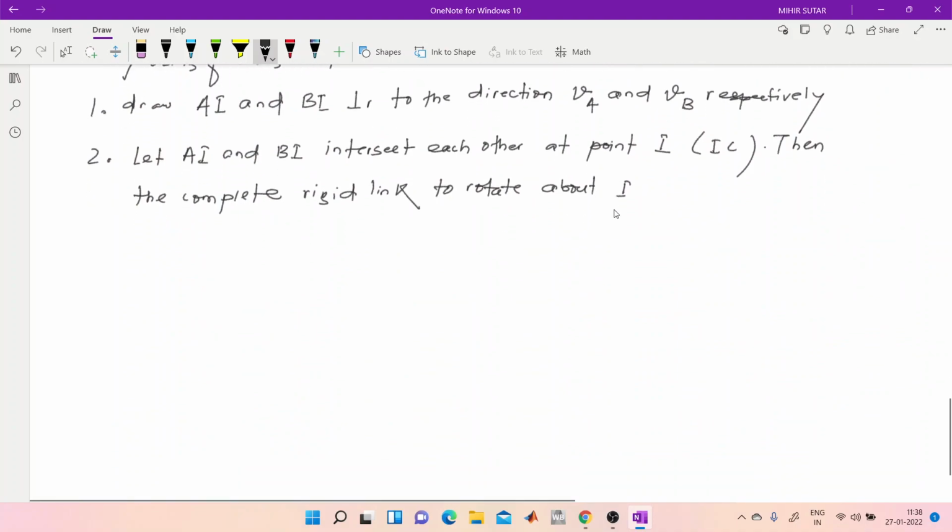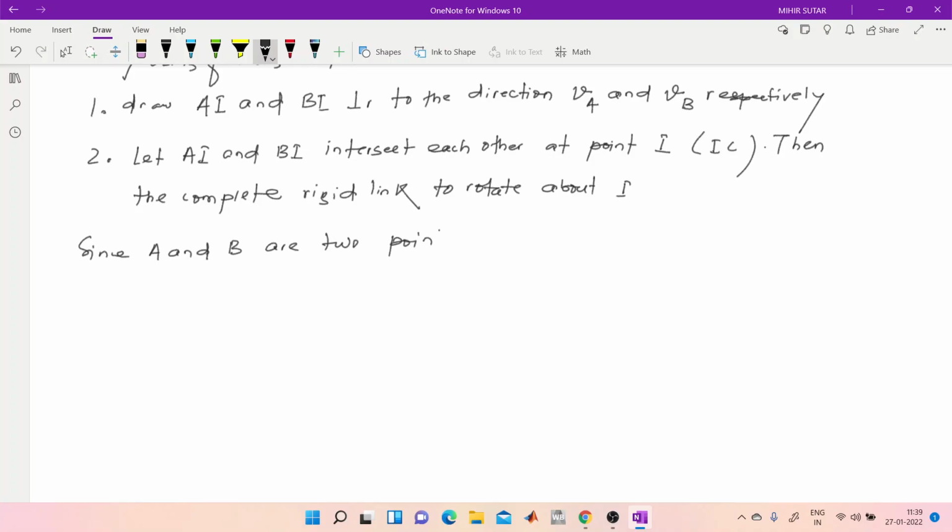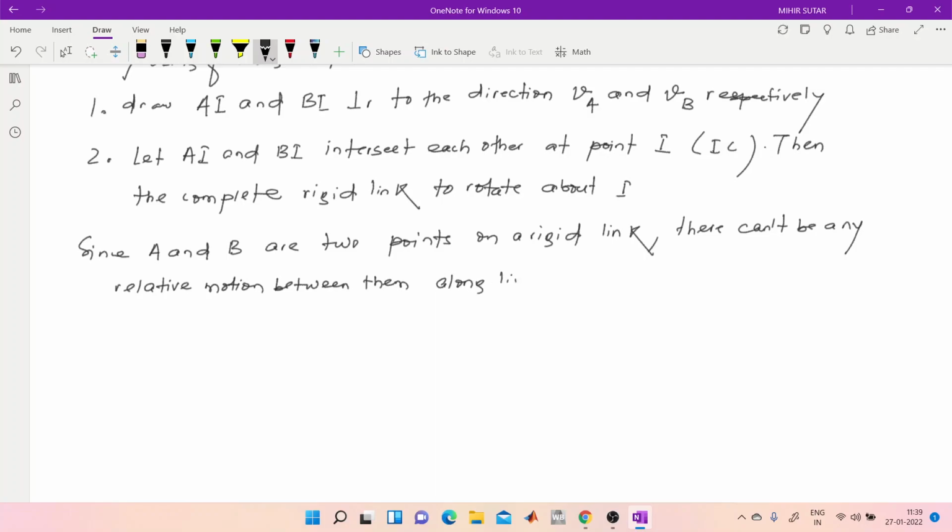Now, since A and B are two points on a rigid link, there cannot be any relative motion between them along line AB.